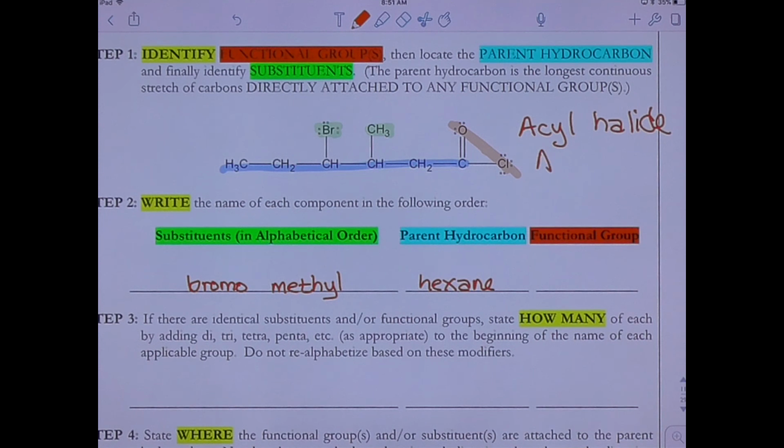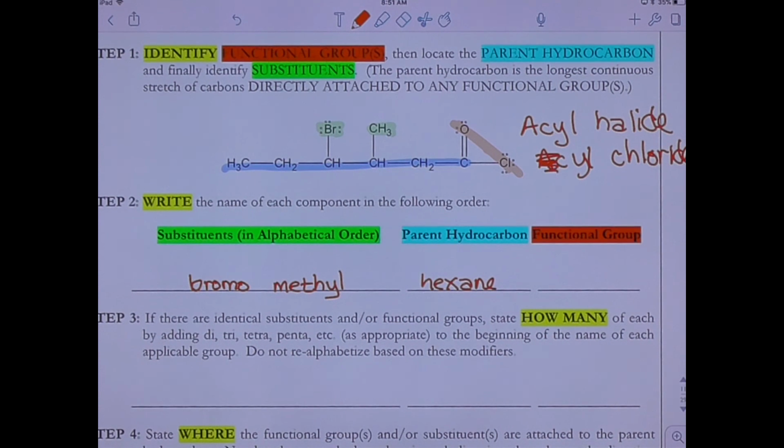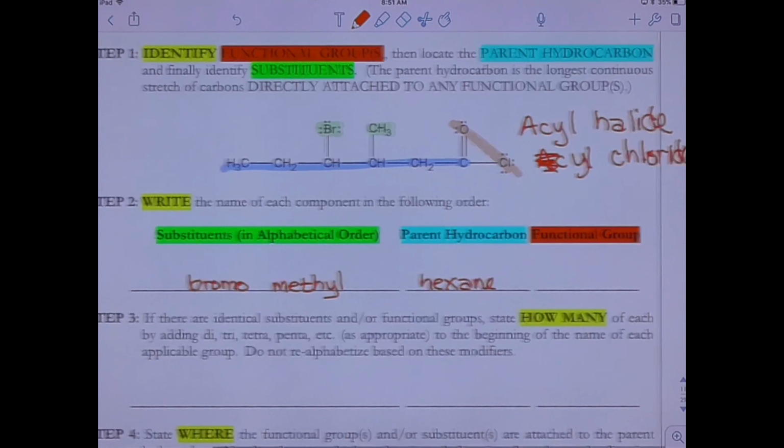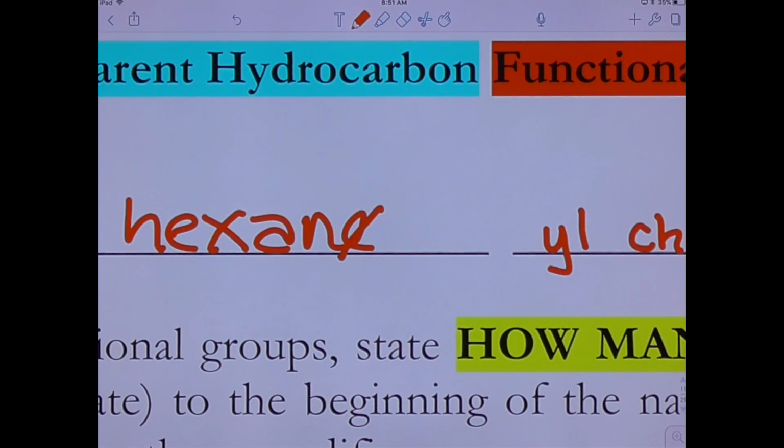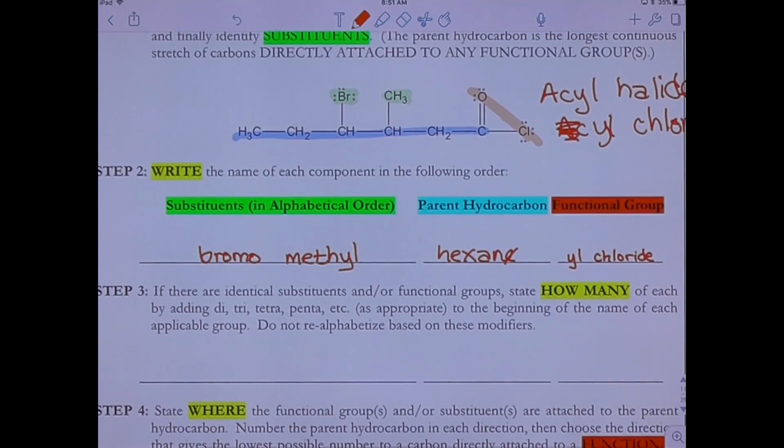Specifically, it's an acyl chloride, because chlorine is the halide. So you use yl chloride as your ending. Okay, and you'll learn these tomorrow. We'll do it tomorrow. Don't freak out at me. And we'll drop the E just because then you'd have 2 vowels together otherwise.